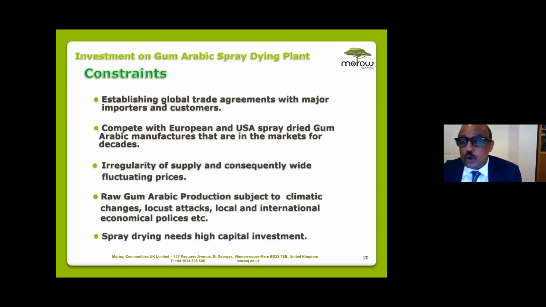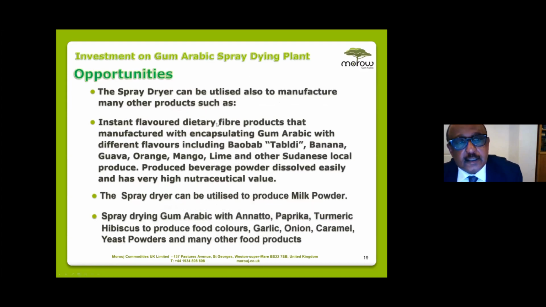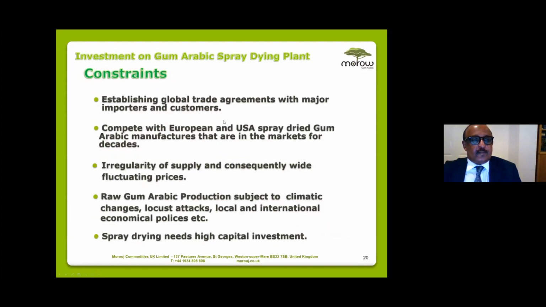So there is a multifunction of the spray dryer. It's not only gum arabic. Okay. So we talked previously about opportunities. I'm going to give you just some points about the constraints of investing in a gum arabic plant, the spray drying plant. One of the constraints is establishing global trade agreements with major importers and customers. We must invest in marketing efforts to promote our spray dried gum arabic product.